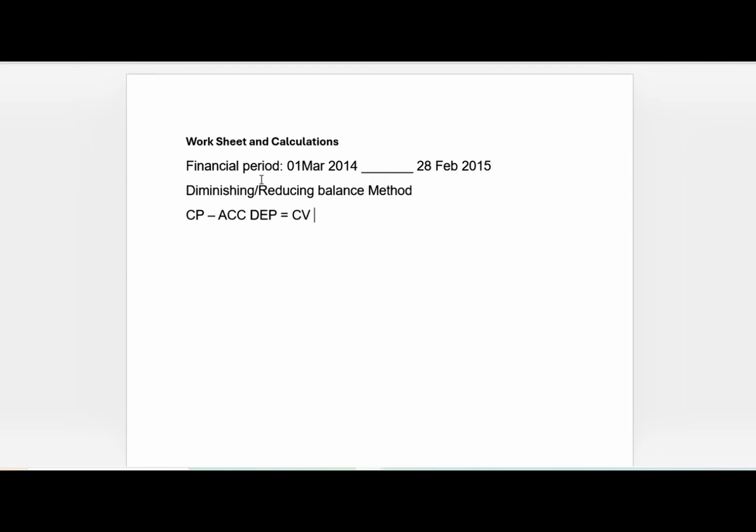From the carrying value or the carrying amount, you multiply by the percentage provided, multiply by the number of months, which is the period, you divide by 12. That will give you your depreciation. That is the formula to calculate depreciation utilizing the diminishing or reducing balance method, right?